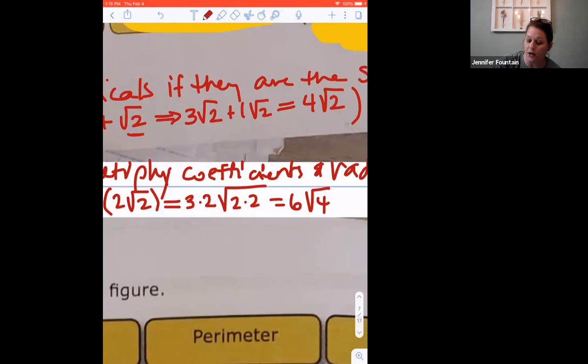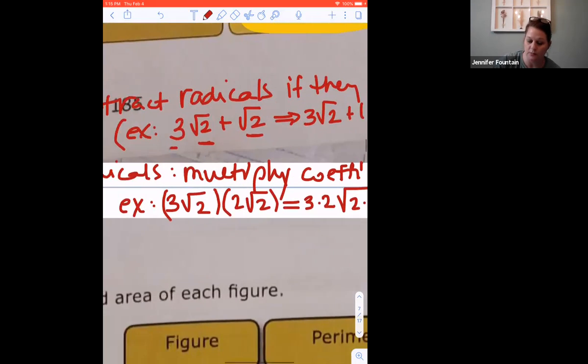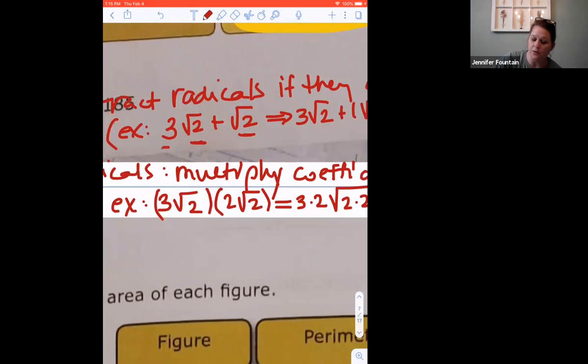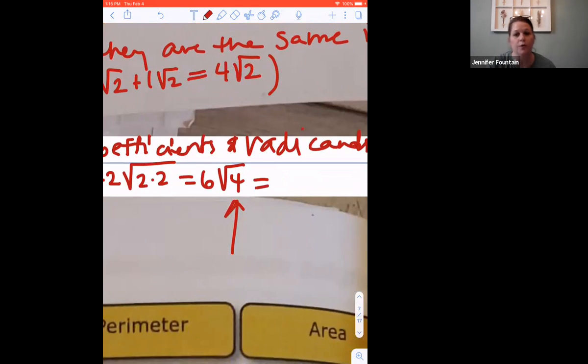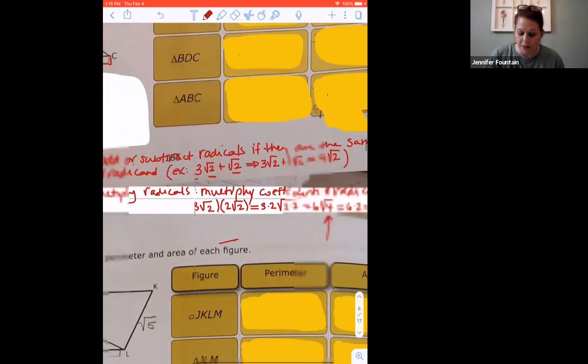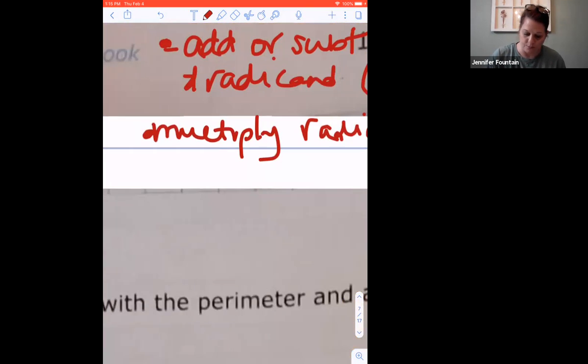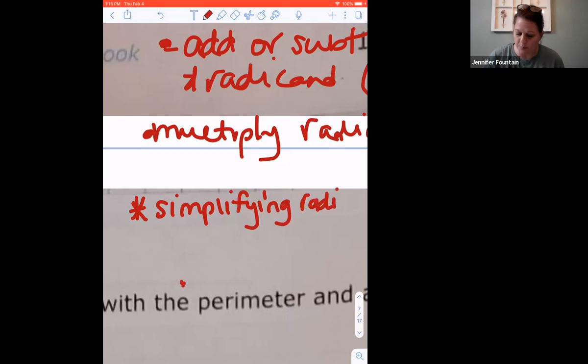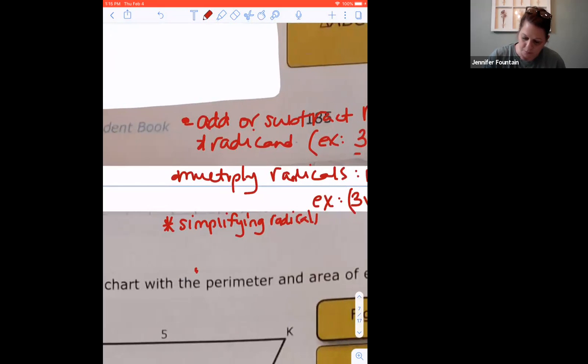Now this leads me to where I have to simplify radicals, okay? So remember, if I know the perfect square, and I know the square root of 4 is 2, I'm going to have to multiply 6 times 2, and that is 12. Okay? So simplifying radicals is where if I had the square root of 12, remember, this is where I break it into prime factors.